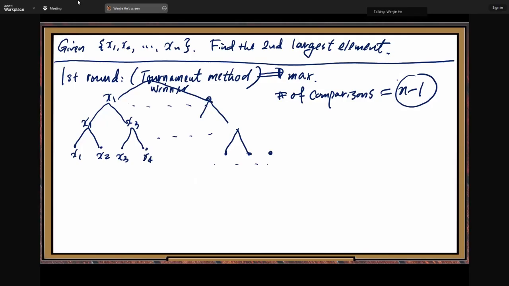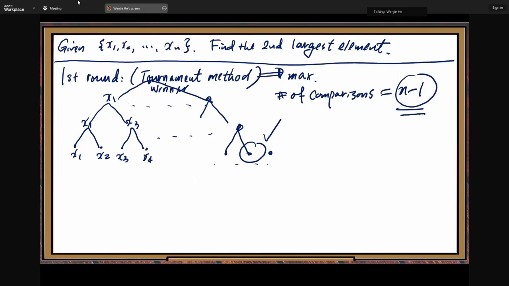Indirect elimination: this player beats this one, but the final winner beat that player, which means the final winner beat this one indirectly. So the final champion eliminates all the other players, directly or indirectly. Indirectly still counts. If you use that view, you eliminate n minus 1. That means the total number of comparisons is n minus 1. That's the first round.